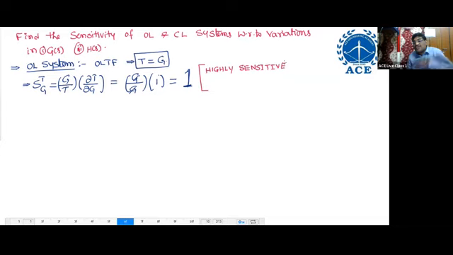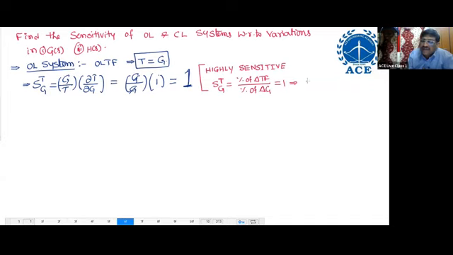Highly sensitive means even a very small change directly affects the output. For example, S_T^G equals the percentage change in transfer function divided by the percentage change in G, equal to 1.